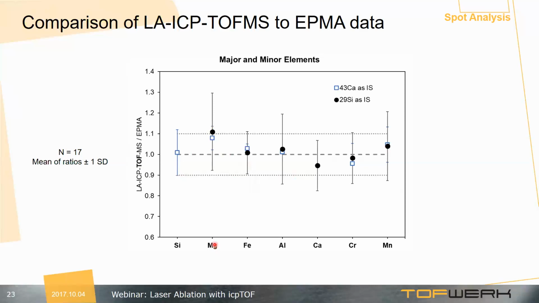Here I think we're actually looking at a calibration issue, because in the NIST 612 glass, we only have 40 ppm of magnesium or so, and in the sample that we're trying to quantify, we have tens of weight percent. So if you used more appropriate external calibration material, you might also be able to quantify the major elements.